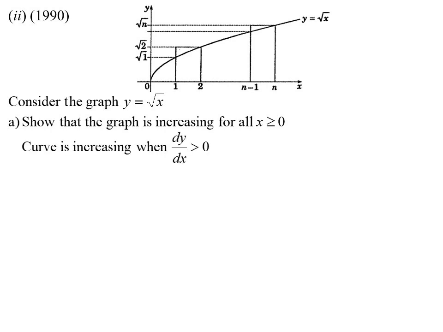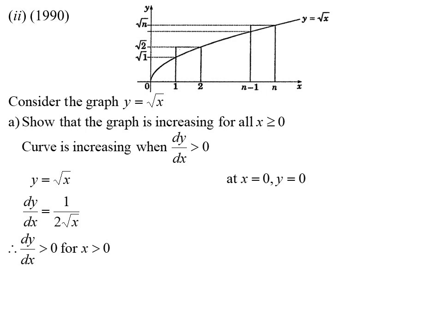We know the curve's increasing when the derivative is greater than 0. That's what we know. For y equals square root of x, the derivative would be 1 on 2 root x. That is always positive. Okay, so we're saying the positive square root of x, and 1 and 2 are obviously positive numbers. So I know that's always positive. So yep, I don't know whether I really needed to do this, because technically it's only positive when x is greater than 0.